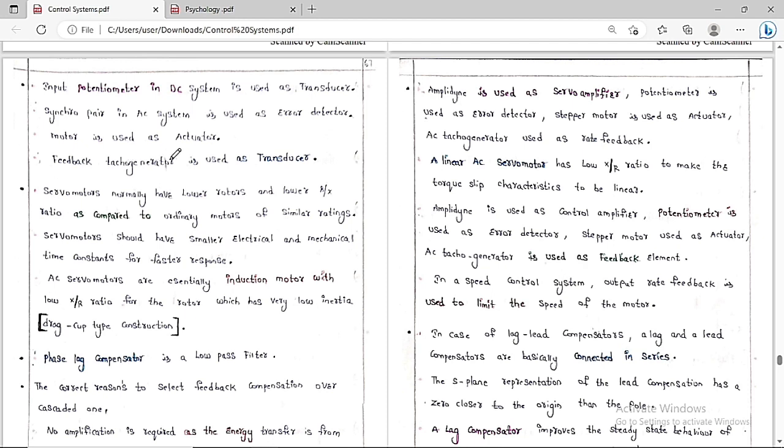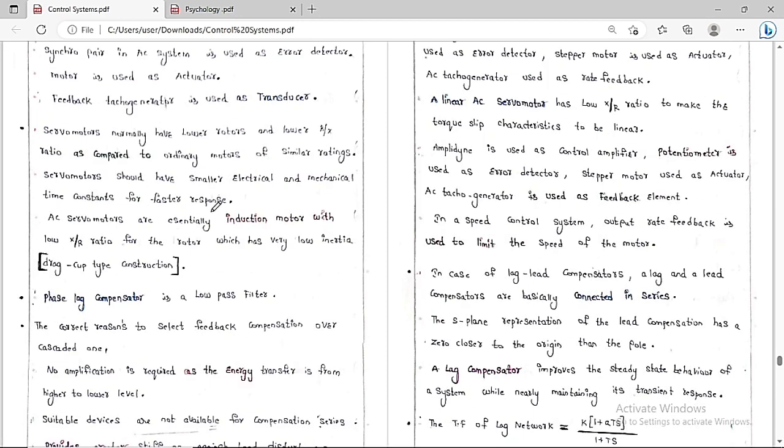In the case of the tacho generator also, the input is the rotational effect and the output is the voltage, so it is also used as a transducer. So finally, the input potentiometer in the case of a DC system is used as the transducer, the synchro pair in the AC system is used as the error detector, the motor is used as the actuator, and the feedback type of generator is used as the transducer.